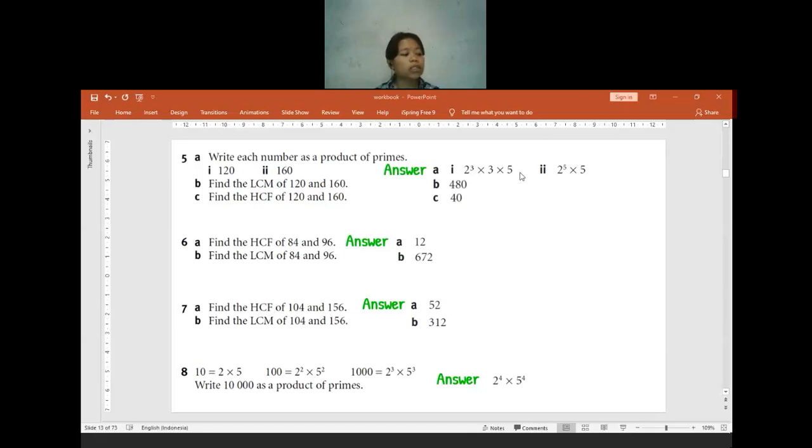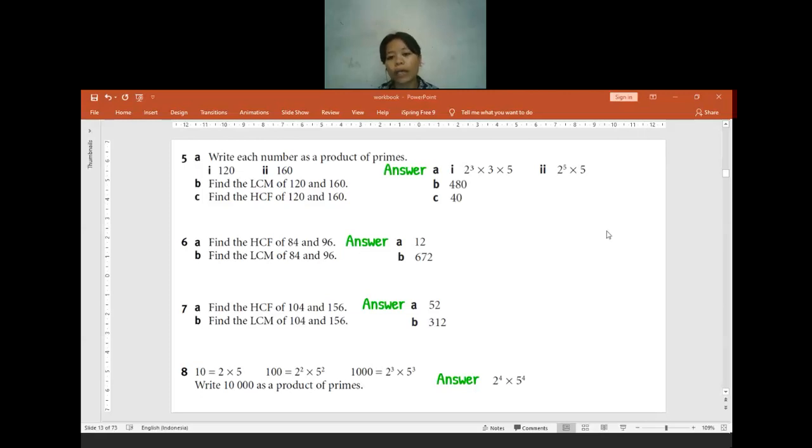That's why I did not display the factor tree for each number in questions 5 to 7, because the type of factor tree will be different, depending on what number you use to break down the given number. So I will just display the product of primes, but if later you have any difficulties, or maybe I make a typo in my product of primes, feel free to ask me.